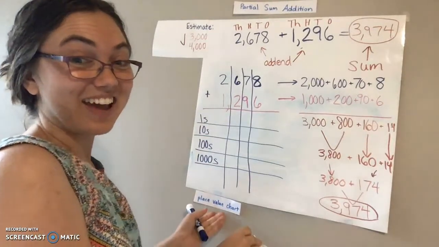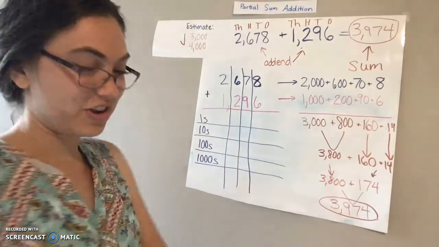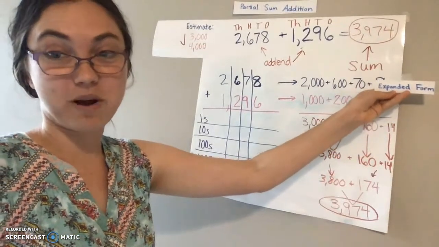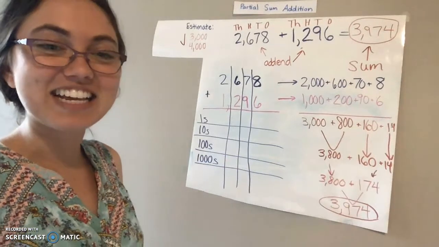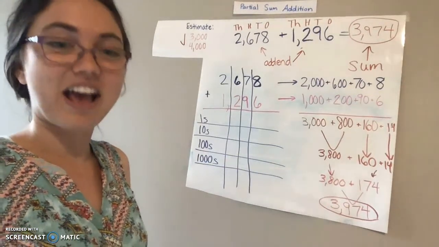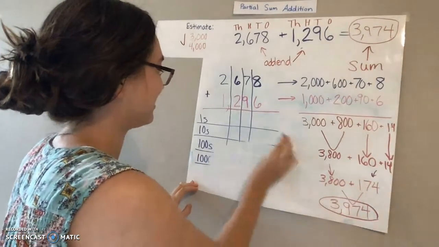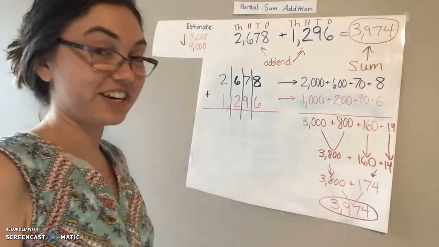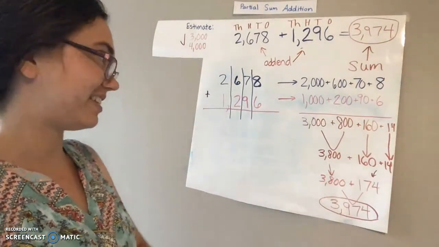Today, right now, we are not going to use the place value chart, nor are we going to use our expanded form method. We're going to learn a different strategy, and it's called the standard algorithm for addition. Now, in the standard algorithm for addition, place value is also hugely important.